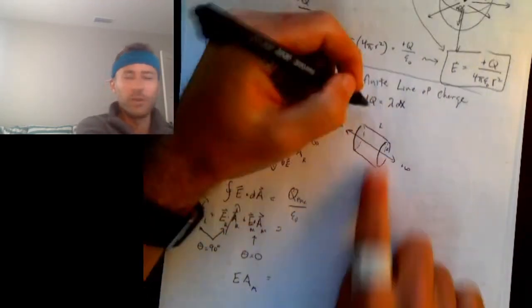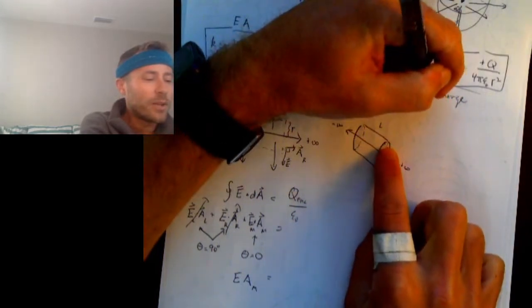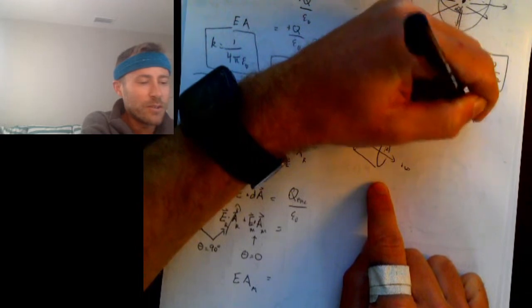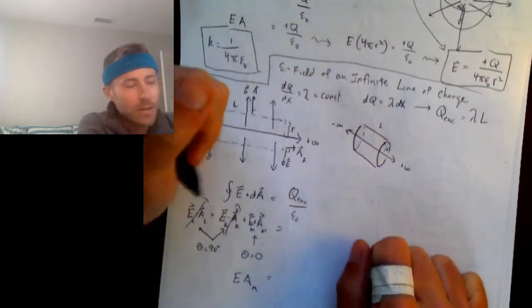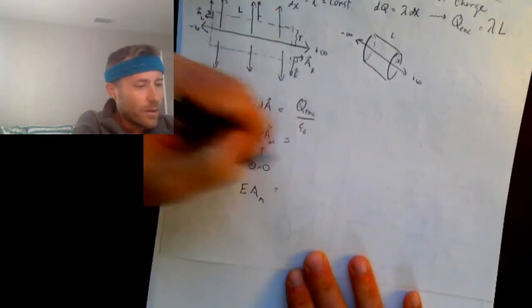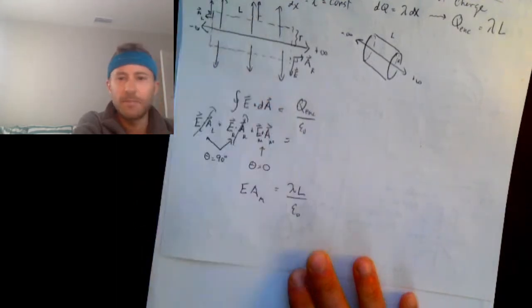Okay? So what I do is I go back to here, and what that means is that the charge enclosed is just going to be lambda times L. All right? Because the dx in this case is the length of the cylinder. So on the right-hand side of Gauss's law, I have lambda times L over epsilon.